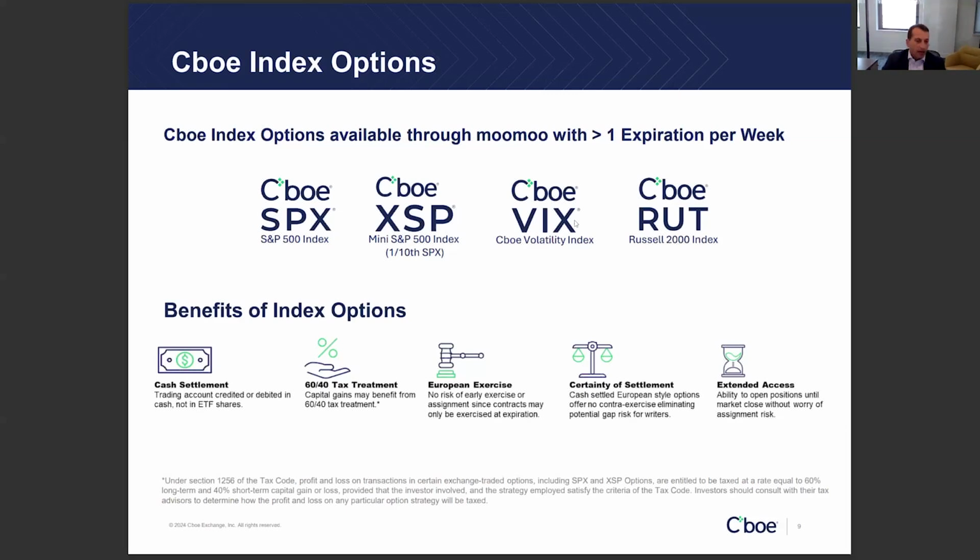Obviously, SPX is the one that is most known as far as index options go. XSP, another great product, is 1/10 the size of SPX, so the notional is a little more manageable. It's a smaller size contract. And then the RUT, which we added every day of the week expirations earlier this year.